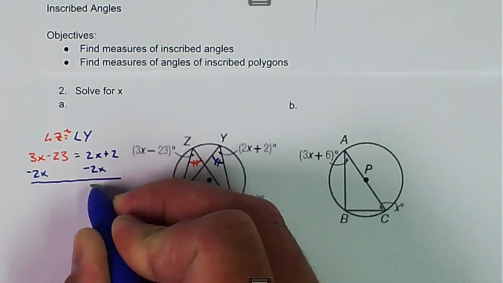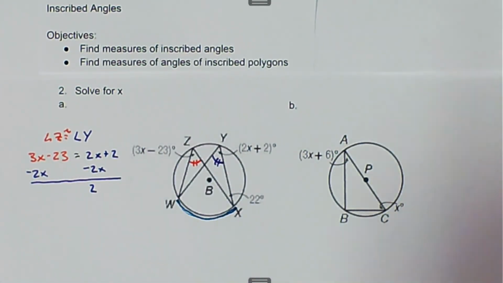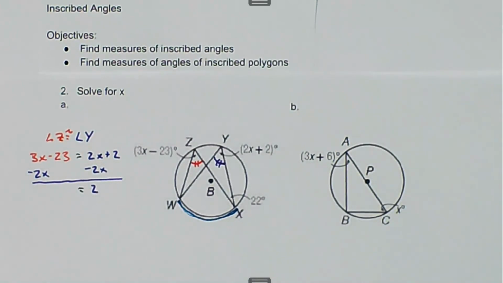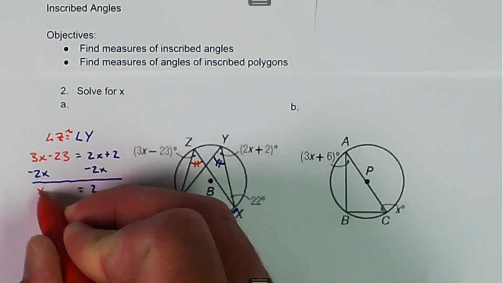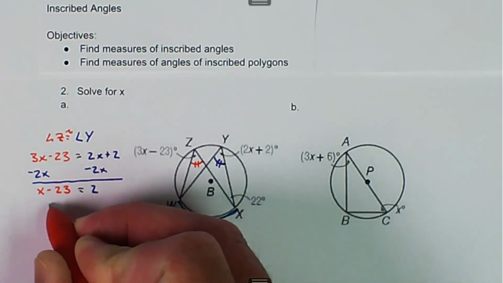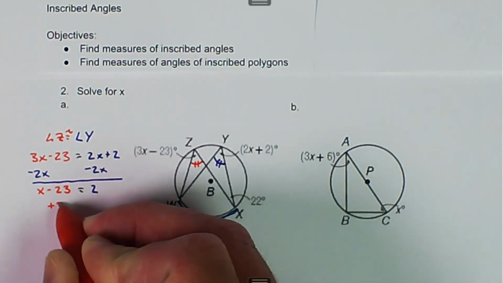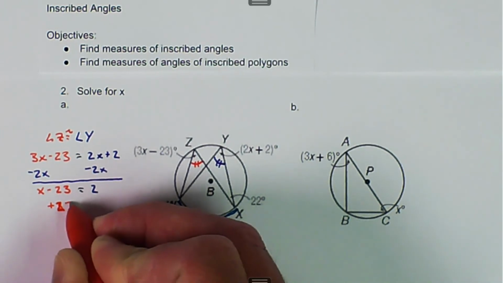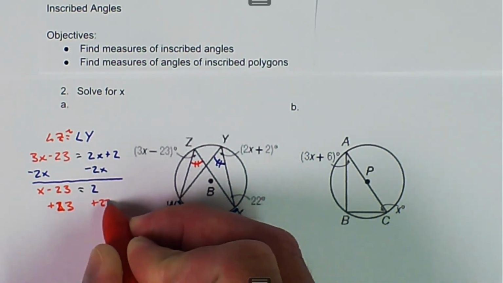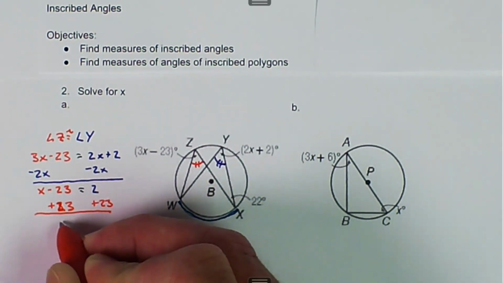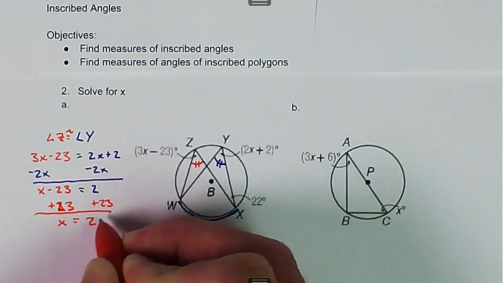And on the right side, we're just left with 2. And on the left side, we're just left with x minus 23. Then we can add 23 to both sides, and we get x is equal to 25.